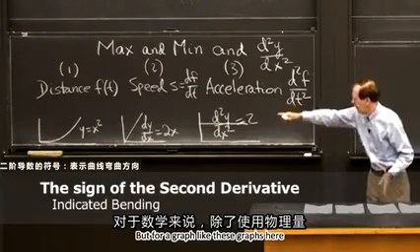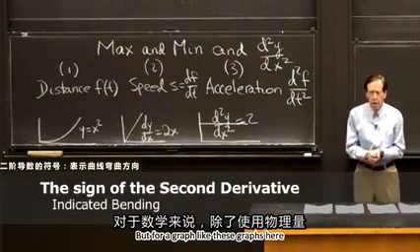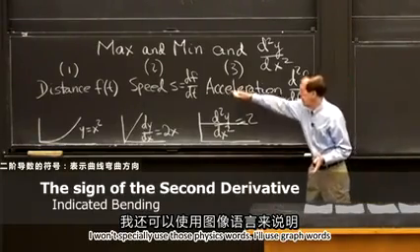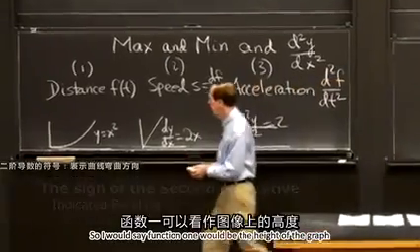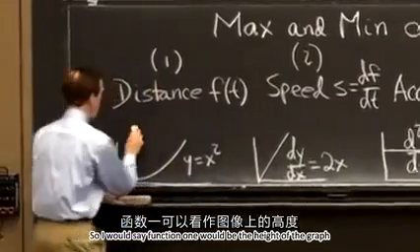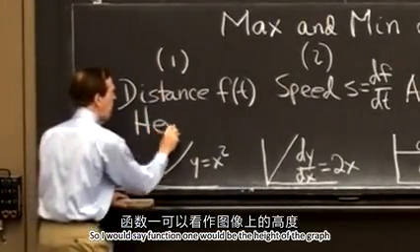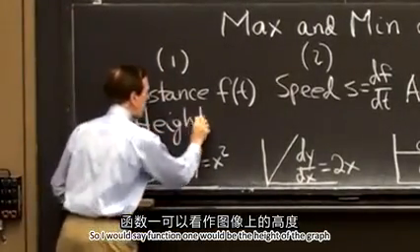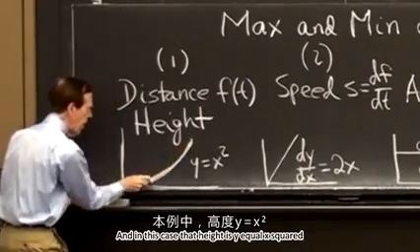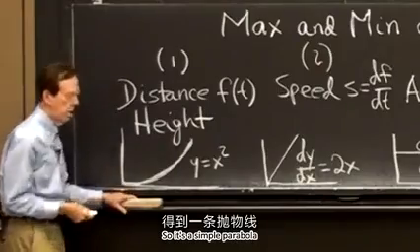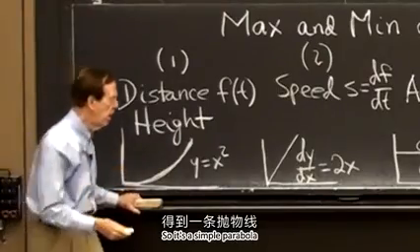For a graph, like these graphs here, I won't specially use those physics words. I'll use graph words. So I would say function 1 would be the height of the graph. And in this case, that height is y equals x squared. So it's a simple parabola.